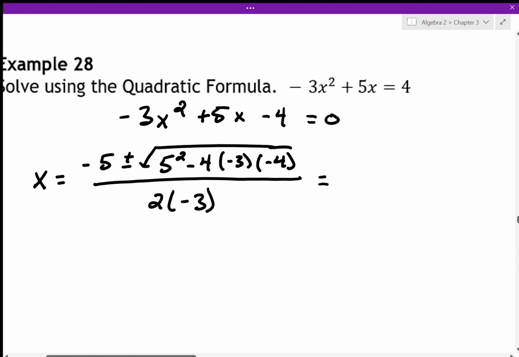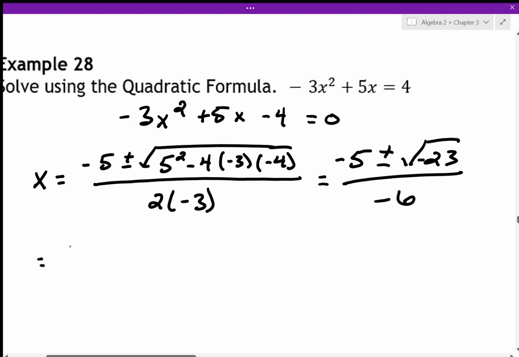Now I type the discriminant into my calculator, so that's 5 squared minus 4 times negative 3 times negative 4. That gives me negative 23, so I'm going to have negative 5 plus or minus root negative 23 all over negative 6.